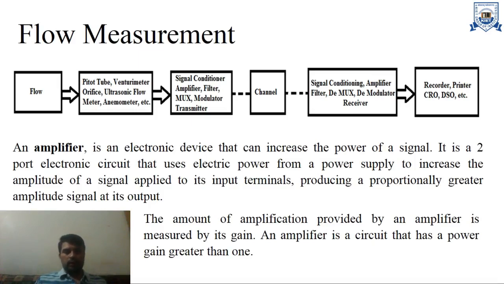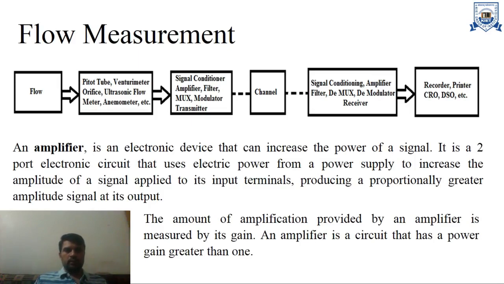An amplifier is an electronic device that can increase the power of a signal. It is a two-port electronic circuit that uses electric power from a power supply to increase the amplitude of a signal applied to its input terminals, producing a proportionally greater amplitude signal at its output.